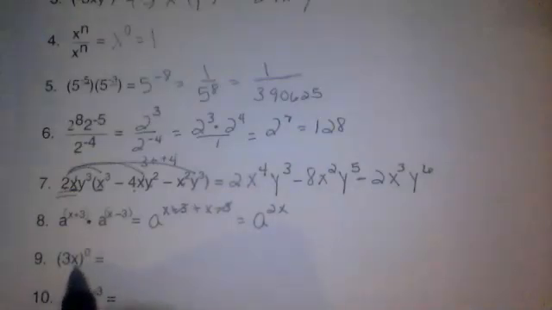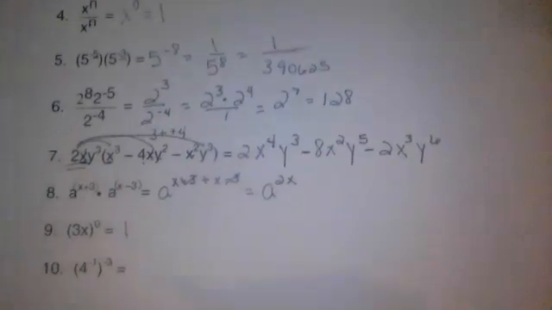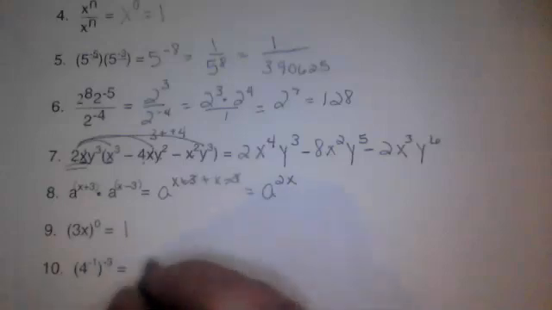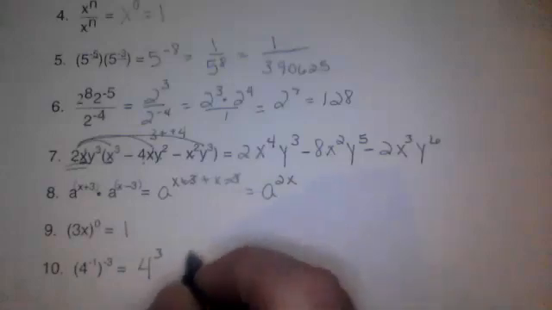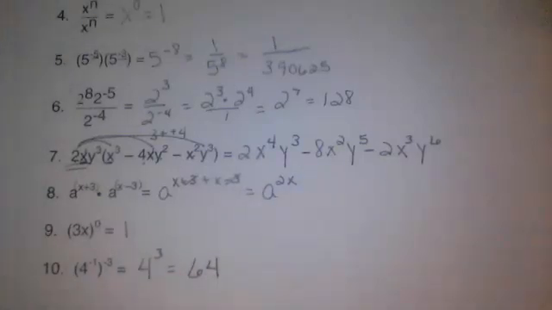This one is our rule that we stated up above. Anything to the 0 power is 1. And for number 10, power to a power, you multiply. A negative times a negative is a positive. So I get positive 4 to the positive third power. And 4 times 4 times 4 is 64.